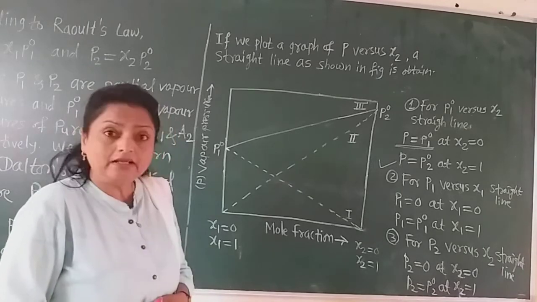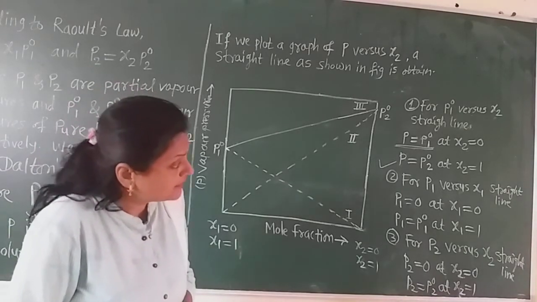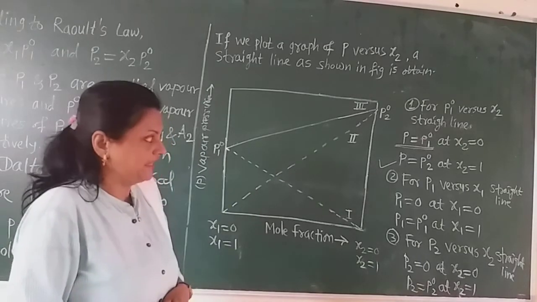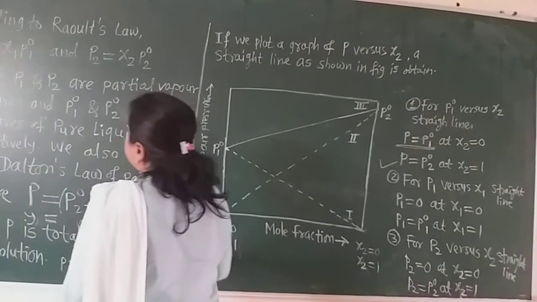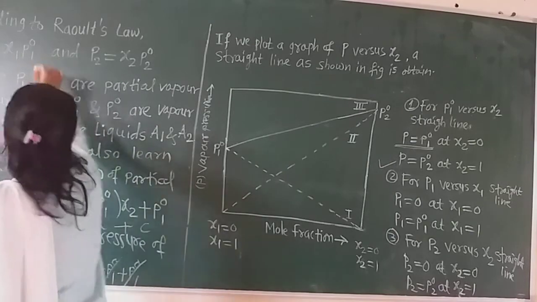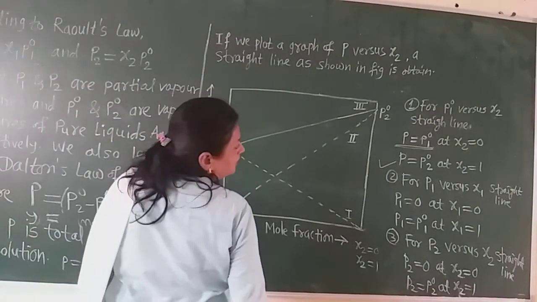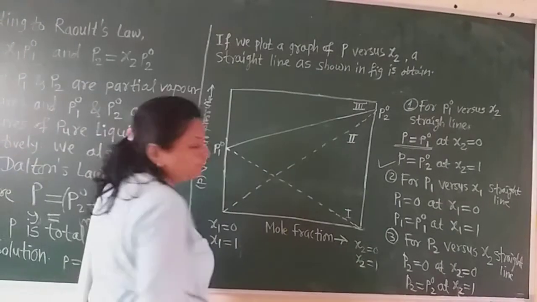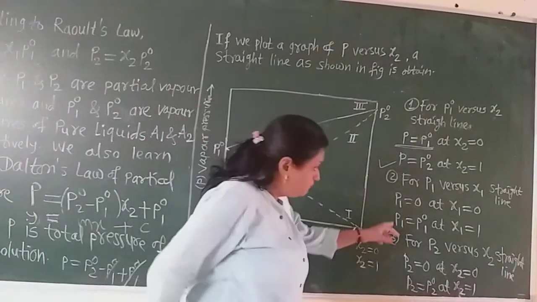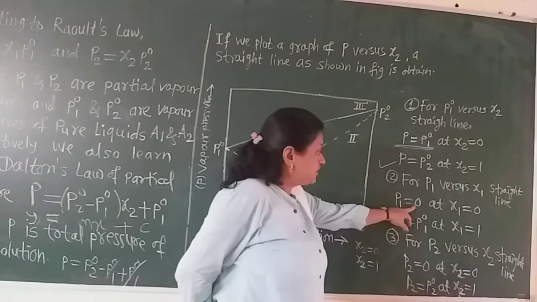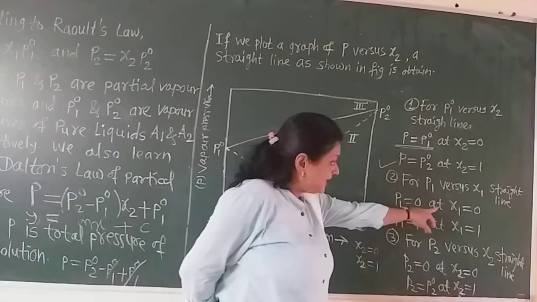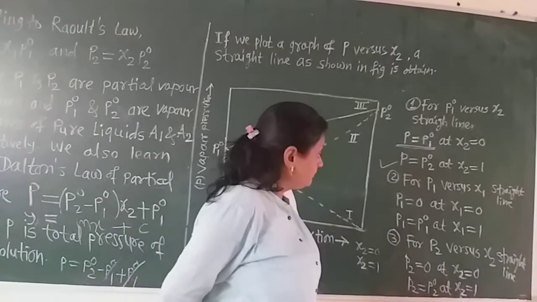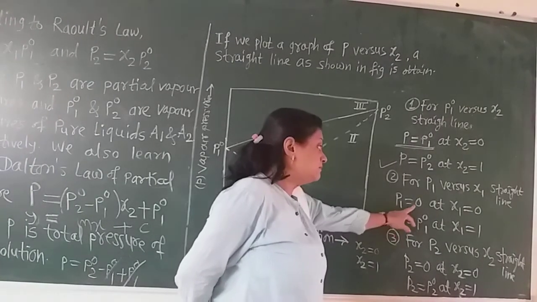Now secondly, the P1 versus X1 graph is also a straight line. See this equation. If we put X1 equal to 0, then P1 becomes 0.